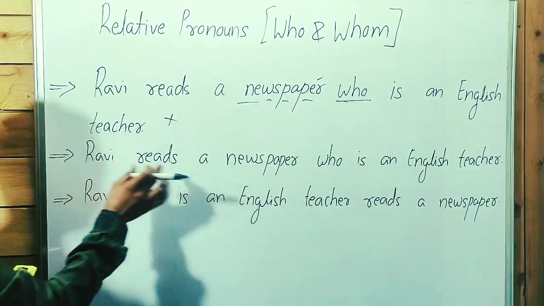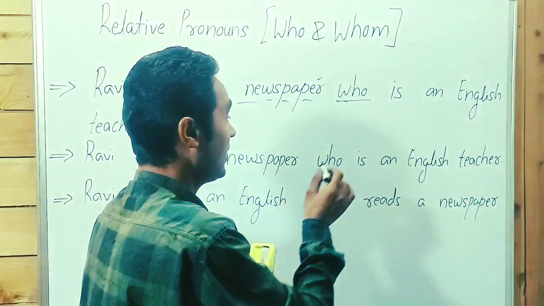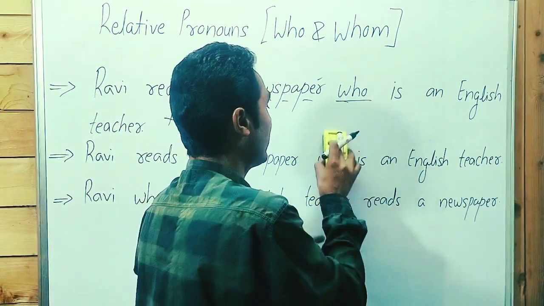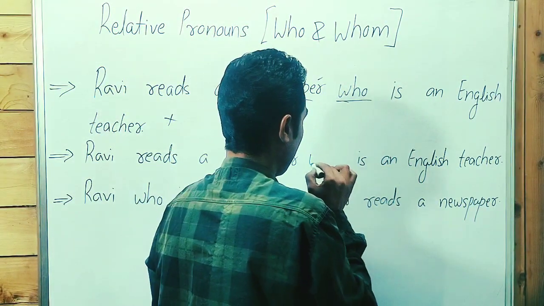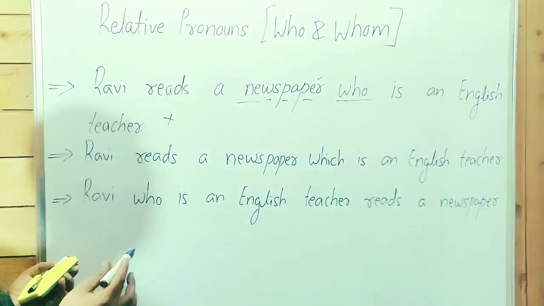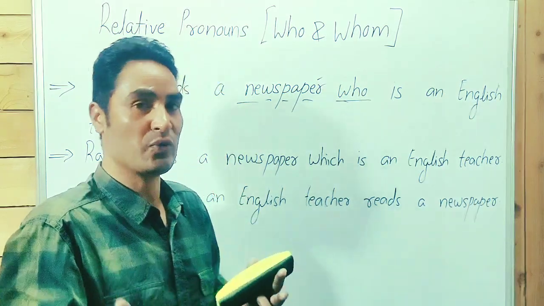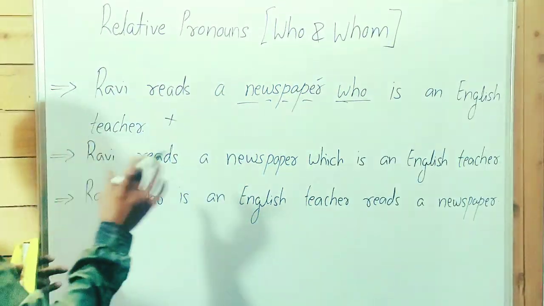Ravi reads a newspaper who is an English teacher. Same if you write "which" over here. Guys, a point to be noted: you can say "which" and "whom." We will learn about "which" in the next video tomorrow. "Which" is used for non-human beings, while "who" is for human beings.